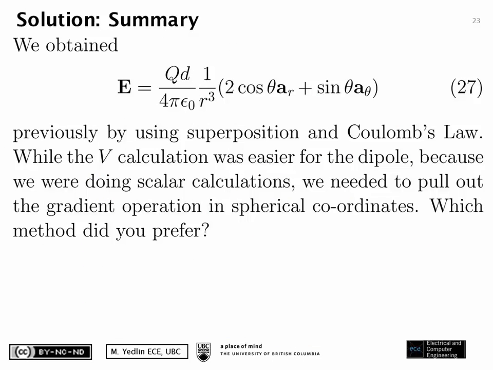Well, here's the summary. This is just a repeat of what we have on the previous slide. We have the constant QD over 4 pi epsilon naught. I've separated out. We have the 1 over r cubed dependence for the electric field and this angular term here. This is exactly what we got previously when we used superposition and Coulomb's law.